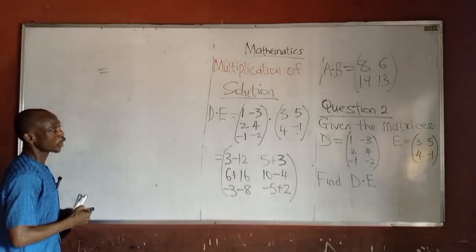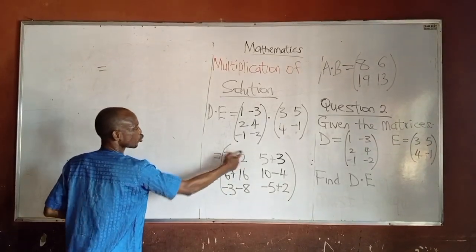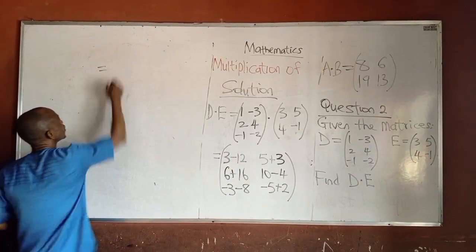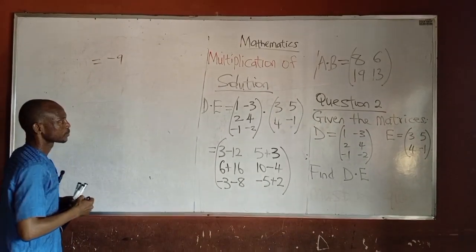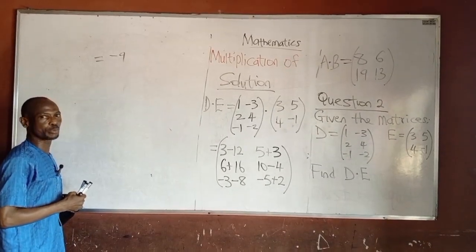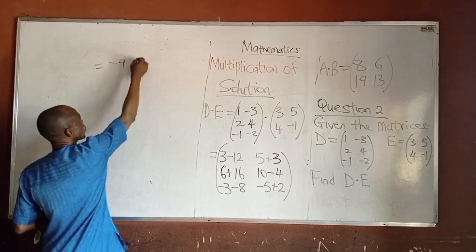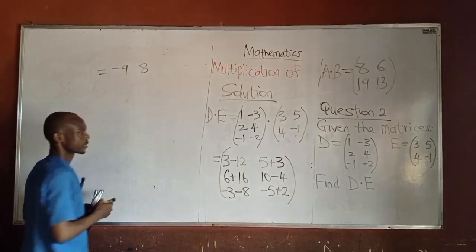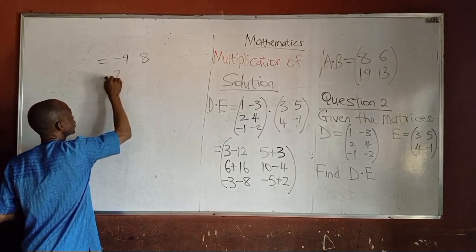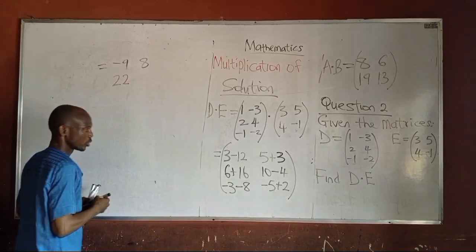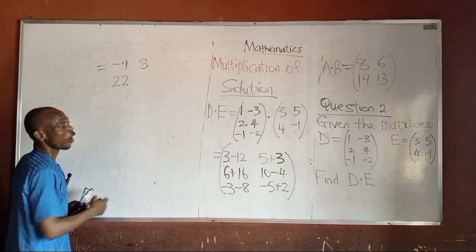Let's add up. What do we have? 3 minus 12. And that will give us what? Minus 9. 5 plus 3. That will give us what? 8. 6 plus 16. That will give us what? 22. 10 minus 4.